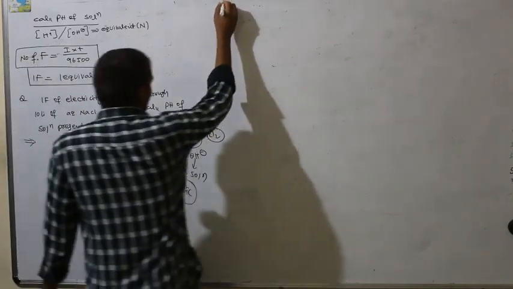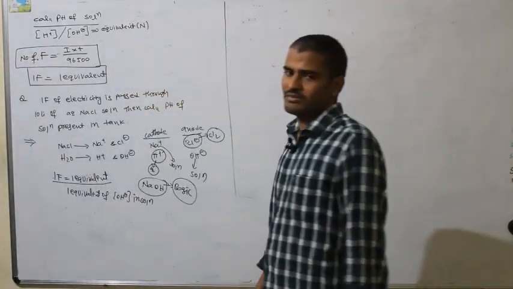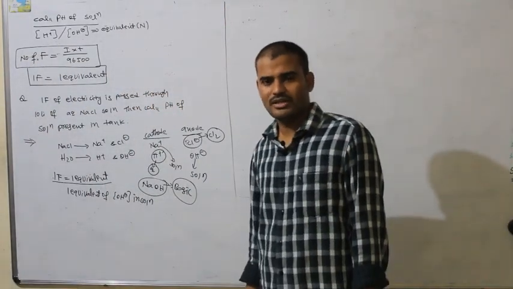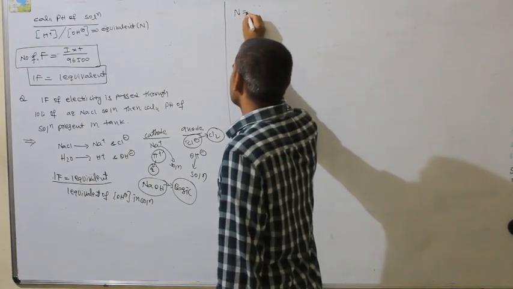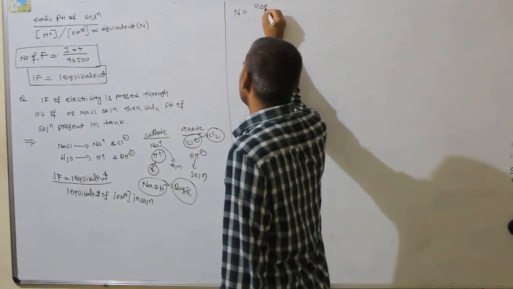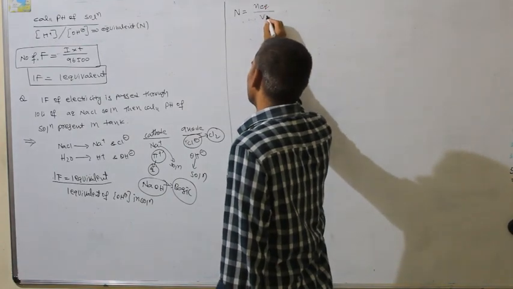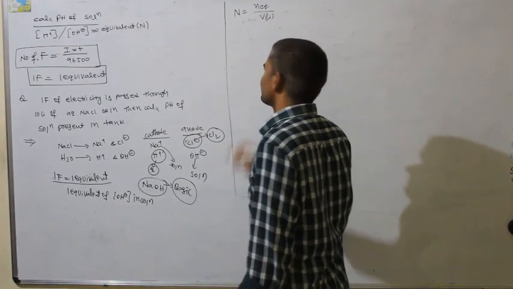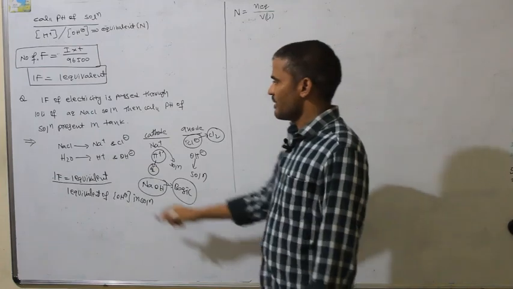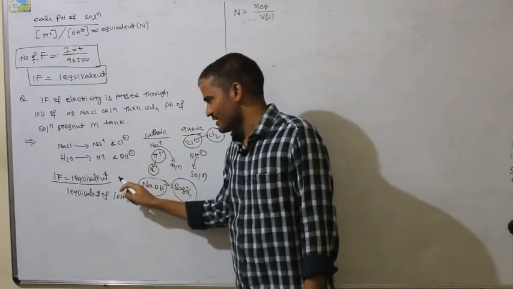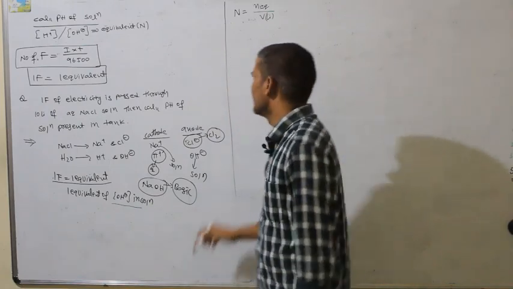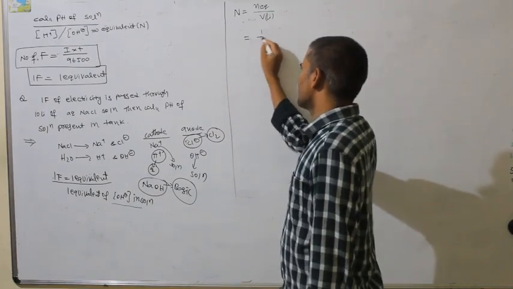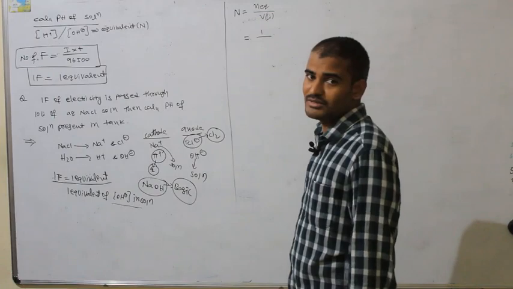So now in pOH or pH calculation we substitute only normality. Normality formula, sir? Normality is equal to the number of equivalents by volume in terms of liter. Since I passed 1 Faraday, that is 1 equivalent of OH minus ion in the solution. So the number of equivalents is 1 by the volume in liters.